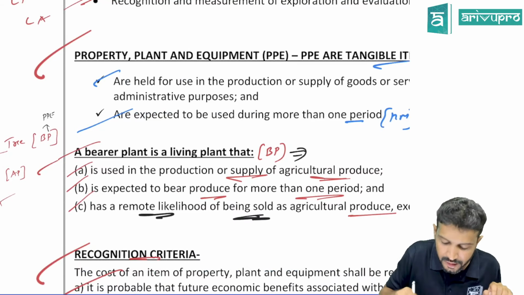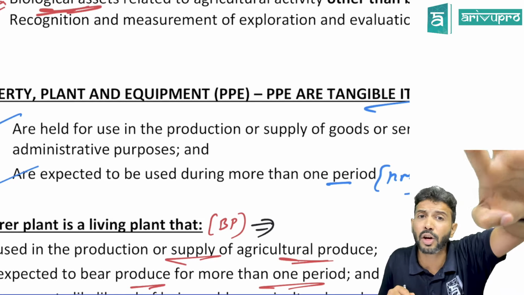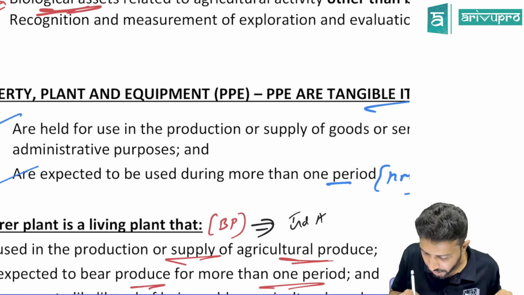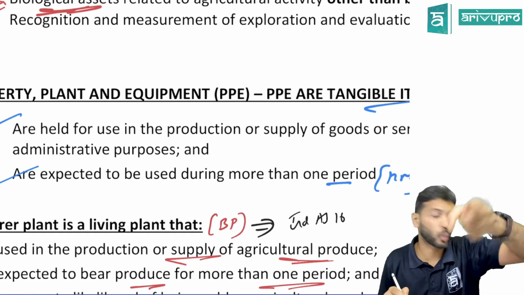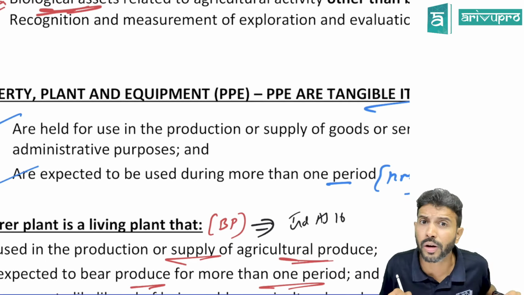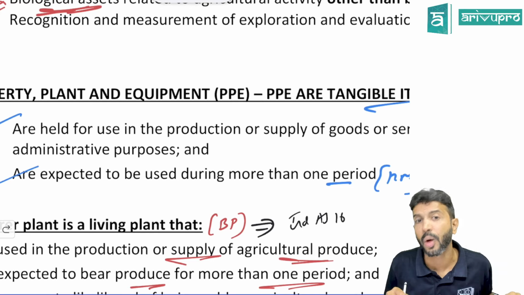And if it is a bearer plant, you tell me, sir, which standard applies? IND AS 41 or IND AS 16? Give me the answer. Let's see. IND AS 16. Okay, this will be your MCQ based question. Remember on the first day I discussed, 30% of your paper is MCQ driven. Like this, they will construct some case study and tell you which standard applies, what you will do.